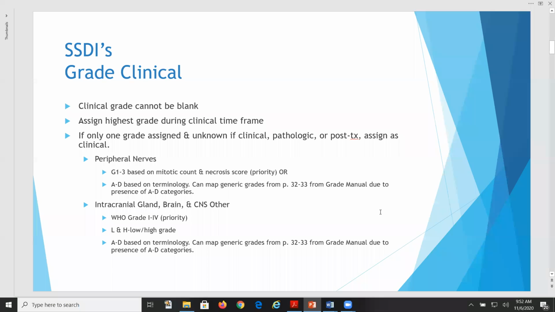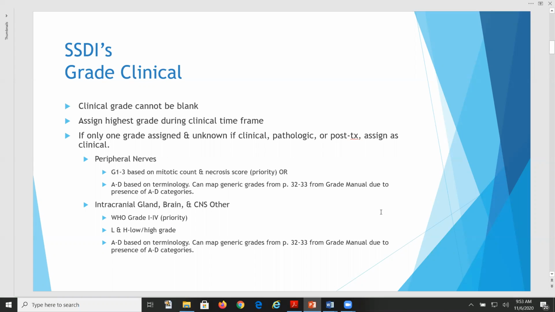After the presentation, you can submit a request in the Q&A. You can access the grade manual on the NAACCR website, and then browse the table of contents for the generic grade system, and then you will find how you can map terminology to a grade of A through D.